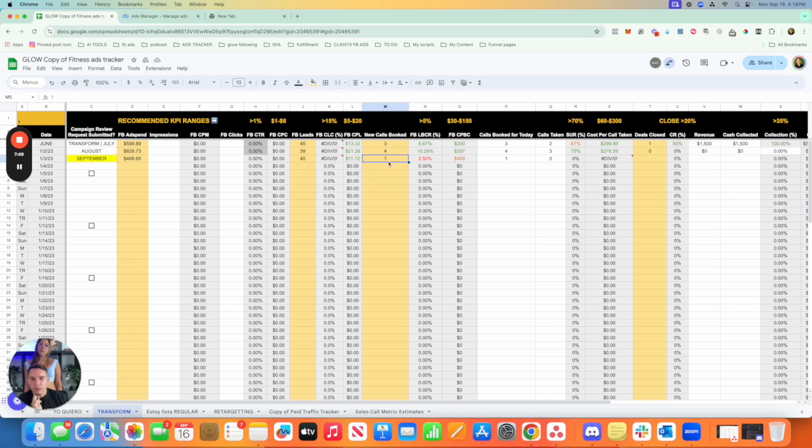So your lead to book call ratio is 2.50% as compared to 10%. What that means is, out of 40 leads, what's the percentage of people that booked a call, which is only 2.50%, which is below average standards. So something's going on with the messaging here.